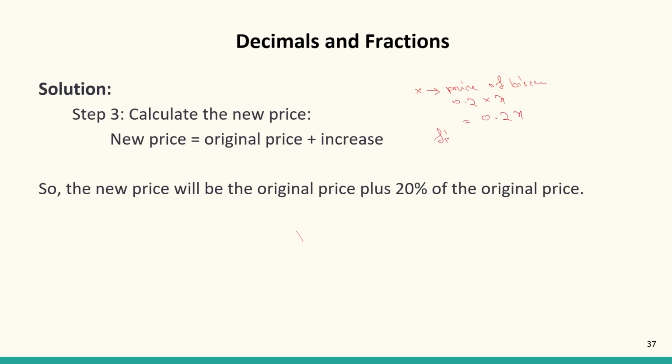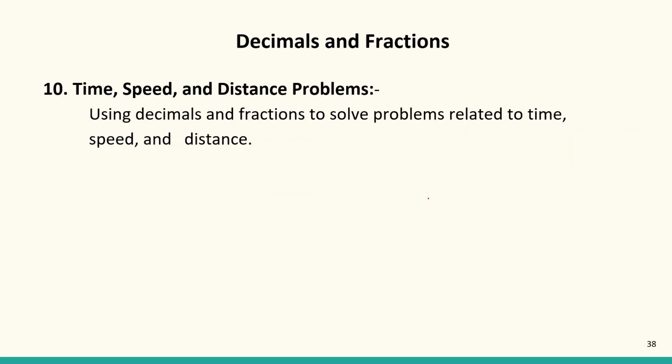Now the final or present price is equal to the original price, that is x, plus the increase, that is 0.2x. This is equal to 1.2x. Okay, this is the answer. So the new price will be the original price plus 20% of the original price.